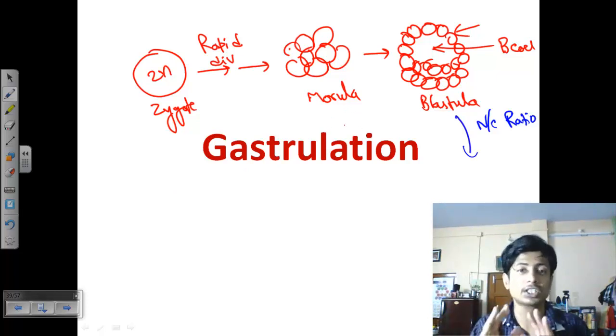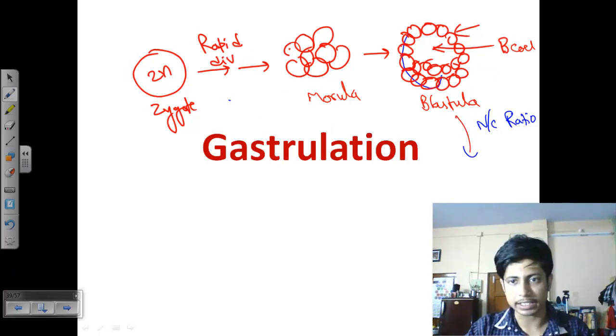Gastrulation starts when the blastula slowly starts to have invagination or furrowing of cells, because all the cells that are forming this hollow sphere slowly start to invaginate inside. Whatever cell region is present outside slowly starts to invaginate inside, and that's called the gastrula.